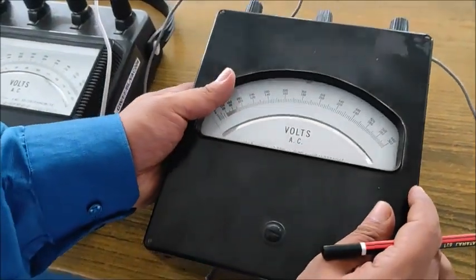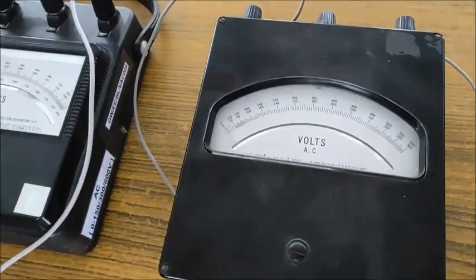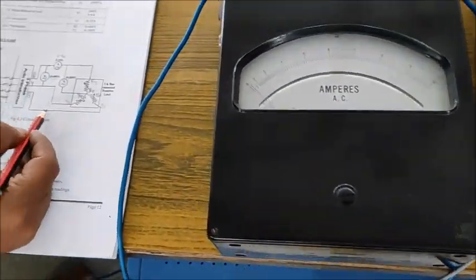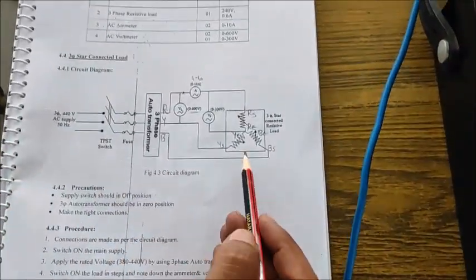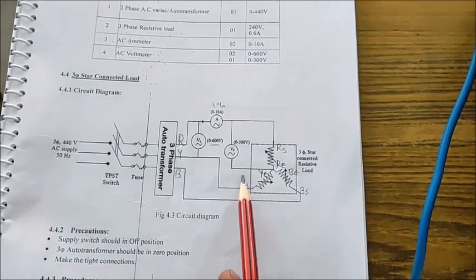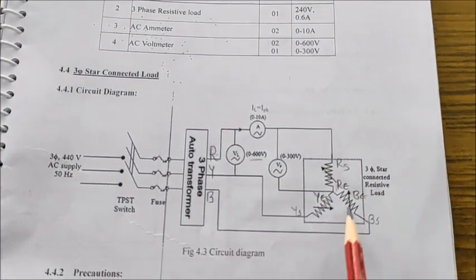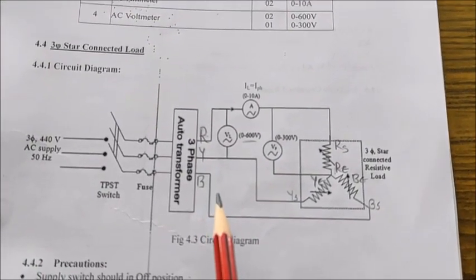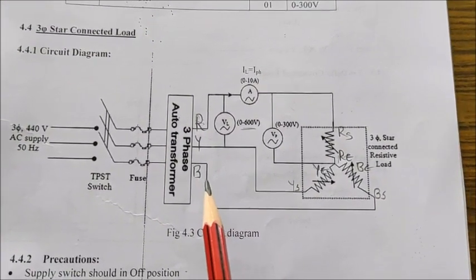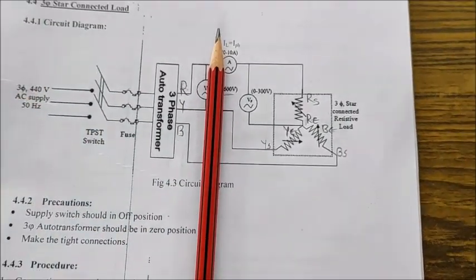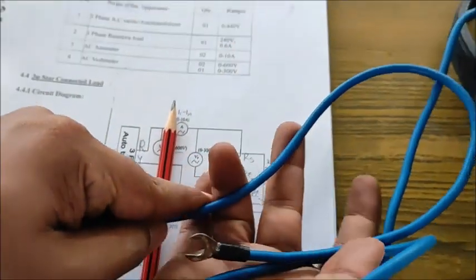Now we shall trace out the circuit. Whenever we trace out the circuit, we shall first follow this circuit diagram. In this circuit diagram, always first we have to trace out the series connections, followed by the parallel connections. Whenever you do any series connections, you have to ensure that you use thick wires like this.